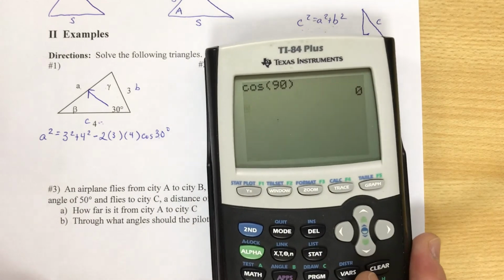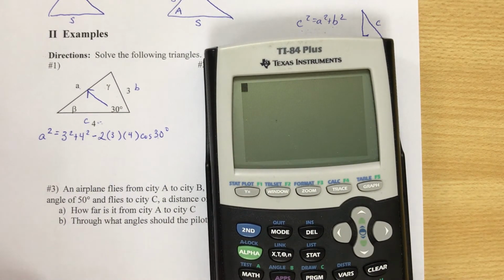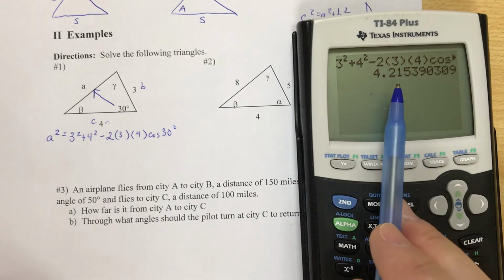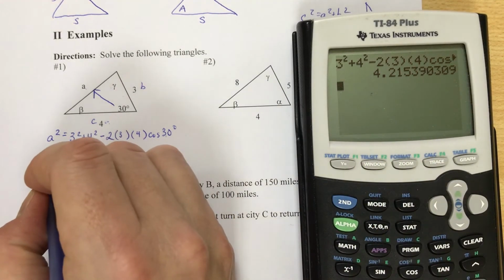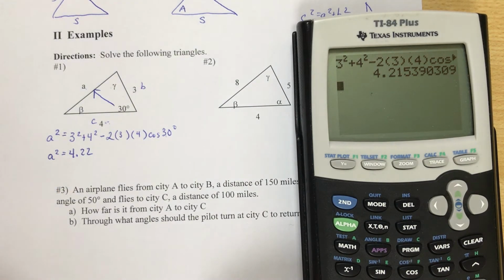I know that looks complicated, but I'm just going to type it exactly how I wrote it: 3 squared plus 4 squared minus 2 times 3 times 4 times the cosine of 30 degrees. And we get a decimal here, 4.22. a squared equals 4.22. To solve for a, we take the square root of both sides.